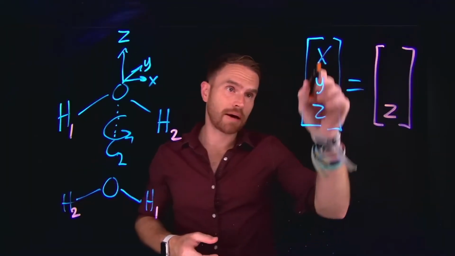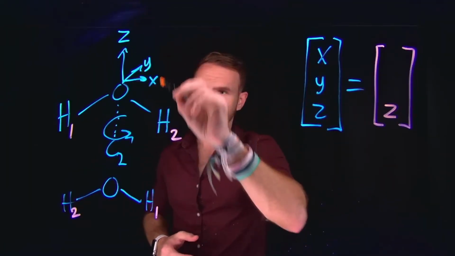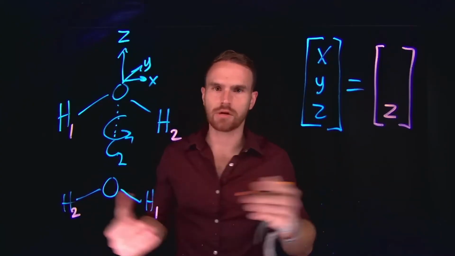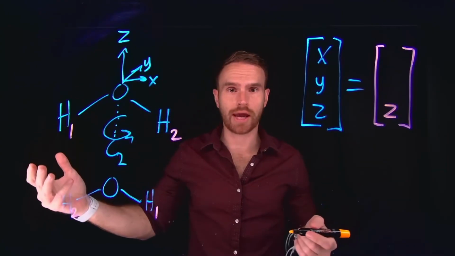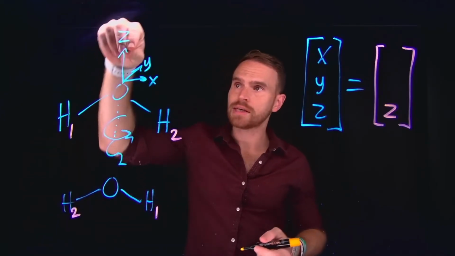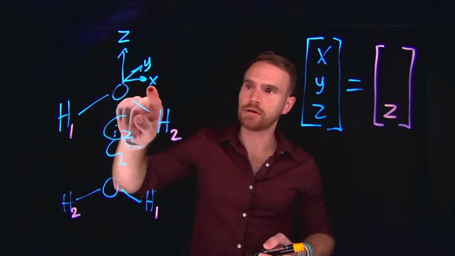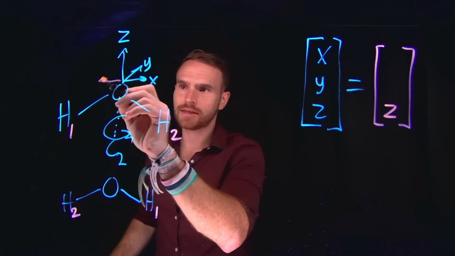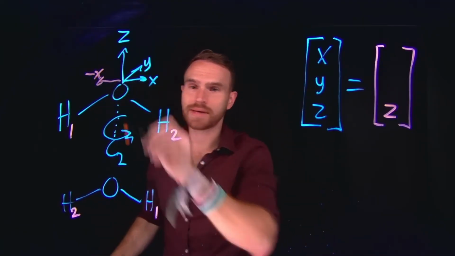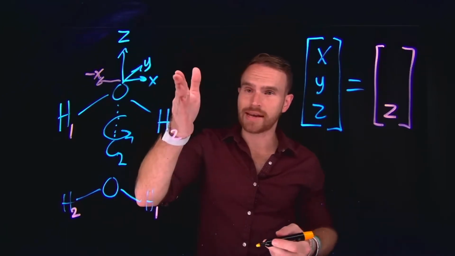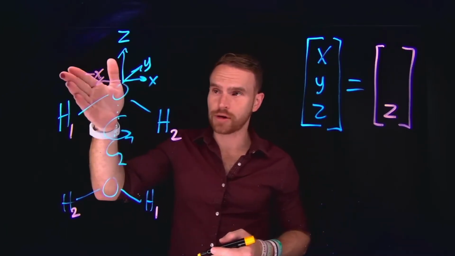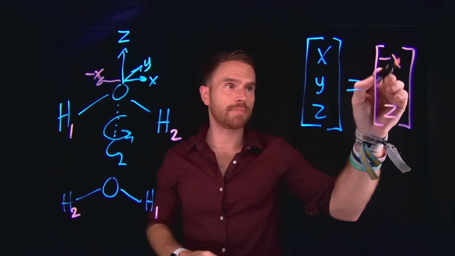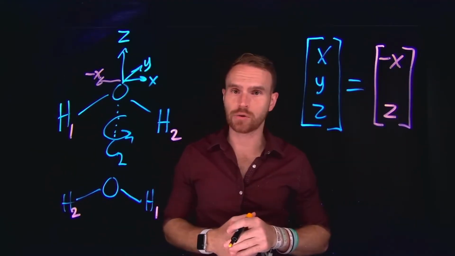If we think about the other coordinates as vectors along the x, y, and z axes, then we can see what happens to those vectors following a 180 degree rotation. Hopefully you can see that if we take a look at this x vector, then after a 180 degree rotation it is now at negative x. So whatever was at x originally, after a 180 degree rotation along the z-axis, has now become negative x. That's going to be the value following that C2 rotation.